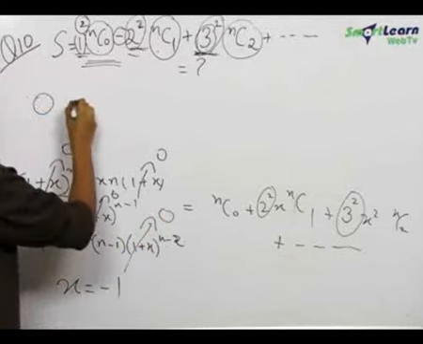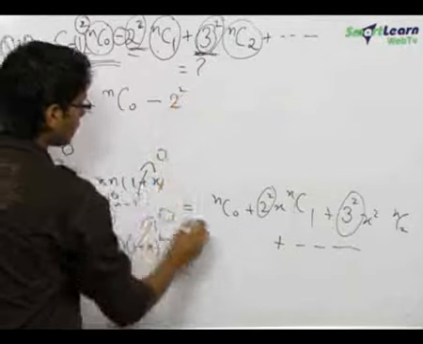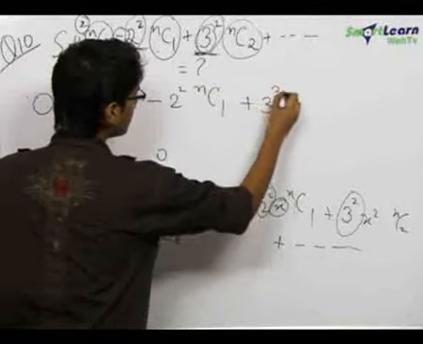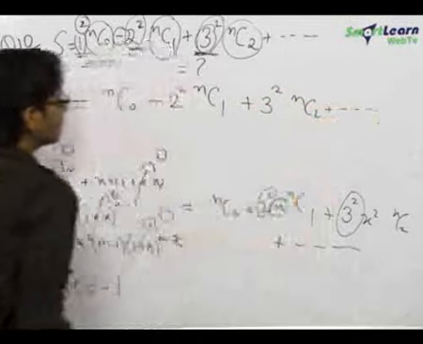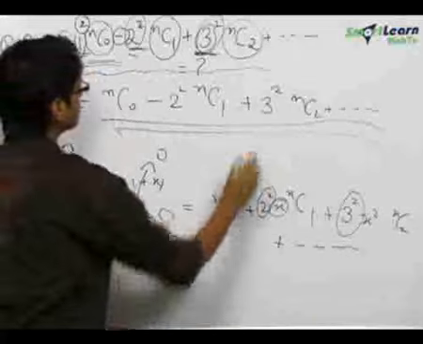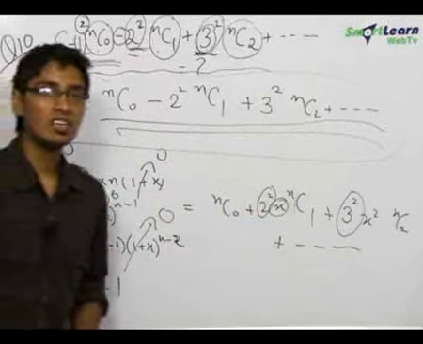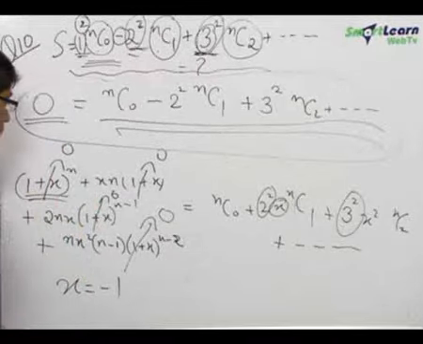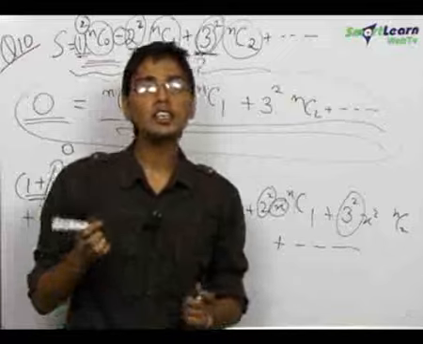So in the LHS, we get 0 equals nC0 minus 2 square nC1 plus 3 square nC2 and so on. And this was exactly the expression whose value we wanted to find out. So the value of the expression nC0 minus 2 square nC1 plus 3 square nC2 up till n terms is equal to 0.